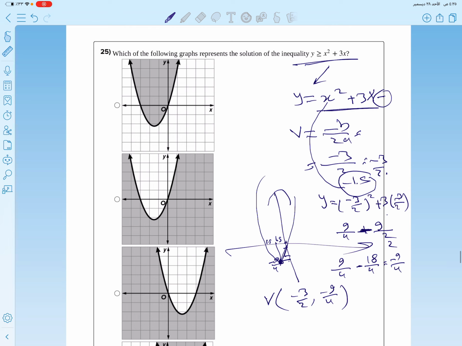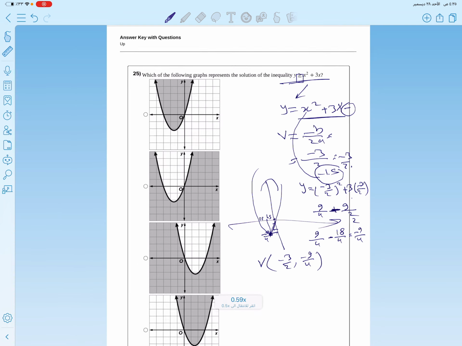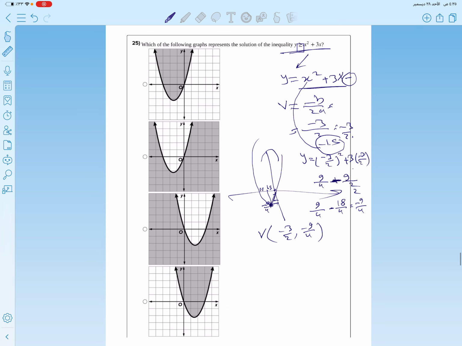Now we have an or equal here, so the graph is going to be a solid graph without dashed lines. So where is the answer? This is the answer, because the graph passes through 0, 0.